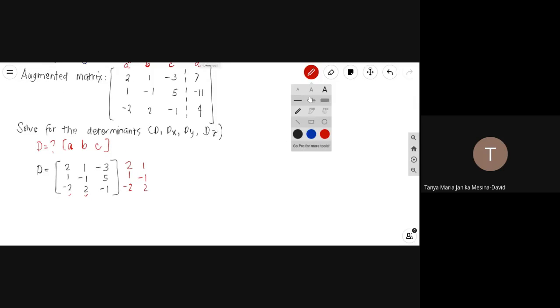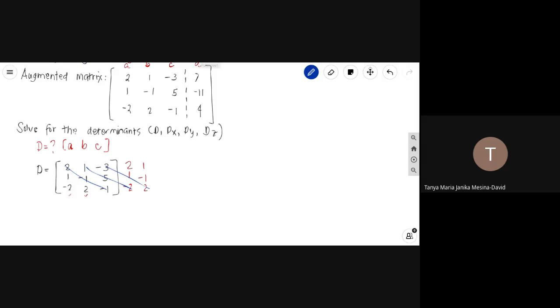I will use the blue pen. This one is one diagonal. This is another diagonal, and this is the last diagonal. We multiply all the numbers in the diagonals, and the sums from the left to the right, we will add.